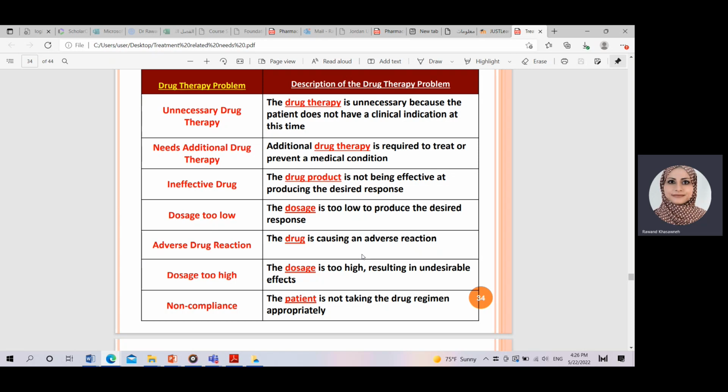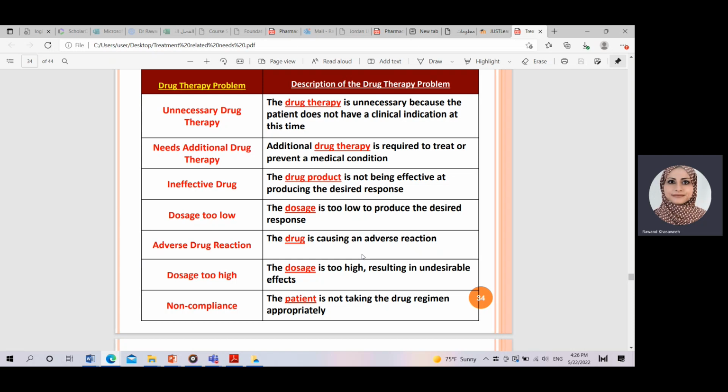The patient maybe has problems with dexterity, as we just mentioned as an example for the rheumatoid arthritis patient. The patient is not able to self-inject the prescribed medication, or the patient is simply not able to open up the child-resistant container that contains the pills. So he remembers that he needs to take the medication.